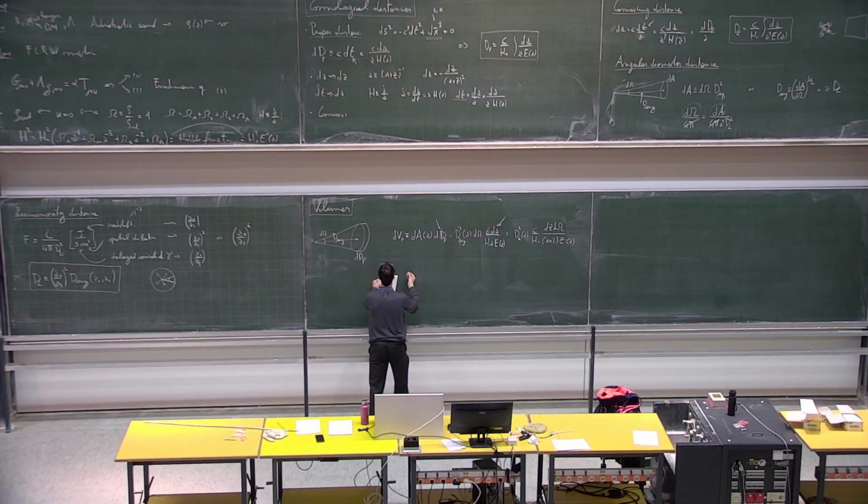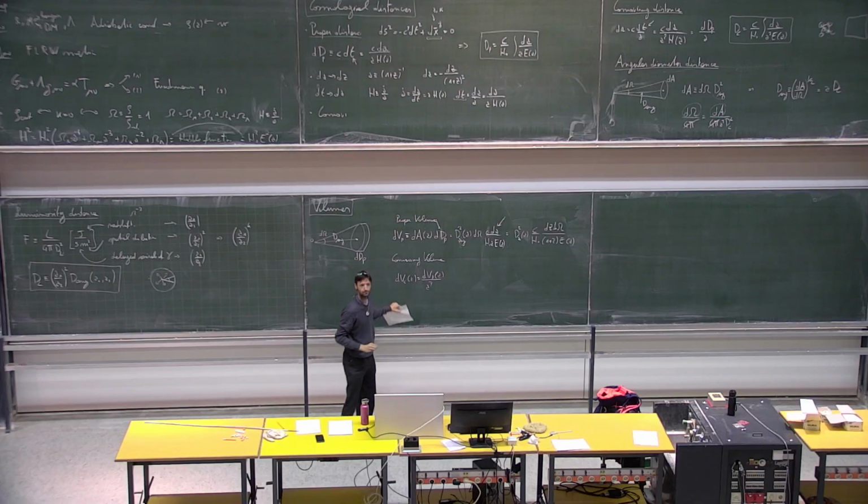If I want a comoving volume, so this is called proper volume, if I want it comoving, then it's very simple, because our dV comoving of a is nothing but dV proper of a divided by a to the power of 3, because that's our volume scale.